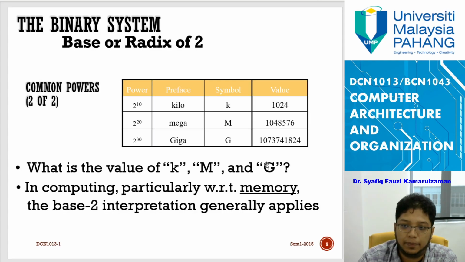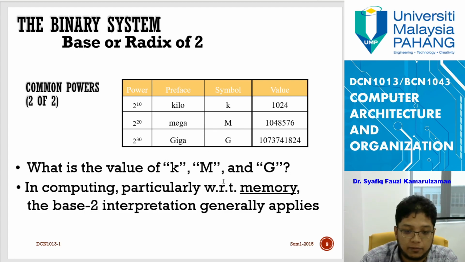When we talk about the binary system, we also have representation using prefixes, which are giga, mega, kilo. The power of 2, usually in representing kilo, you have 2 power of 10, which is a total value of 1024. 2 power of 20 means 1,048,576. This is mega. And 2 power of 30 is giga.